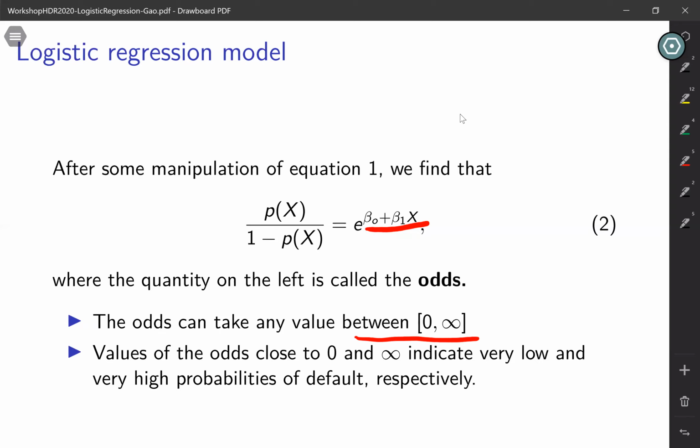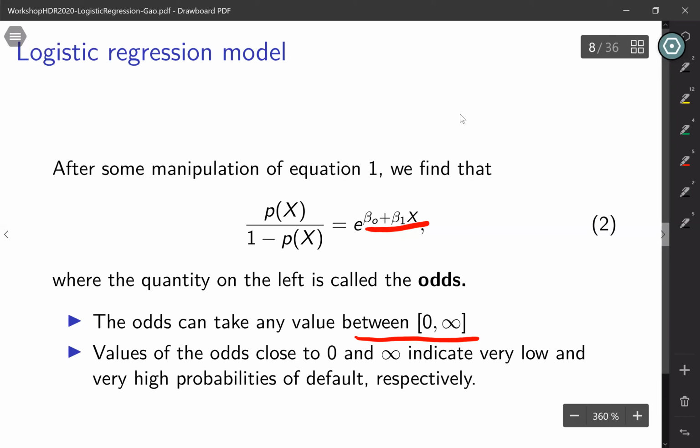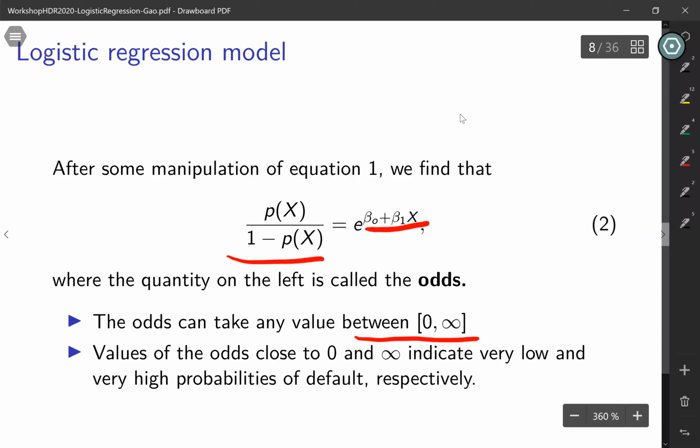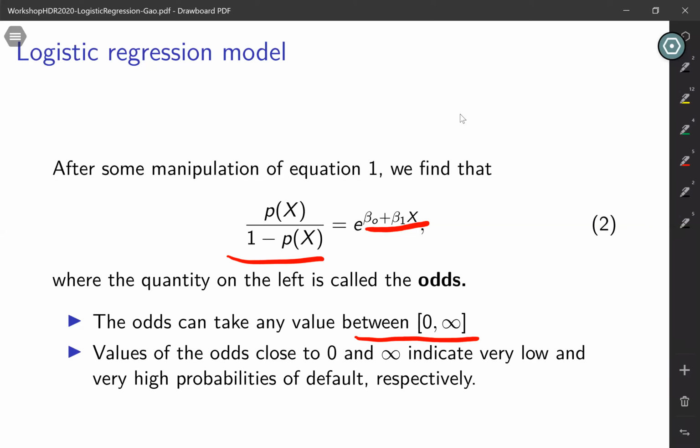But again, we don't want it limited to positive numbers. We want it to be like the ordinary regression, so that the left side of the equation goes from negative infinity to positive infinity, giving us a more flexible ability to predict with this model. So how can we do that? We want to convert this to something between negative infinity and positive infinity.